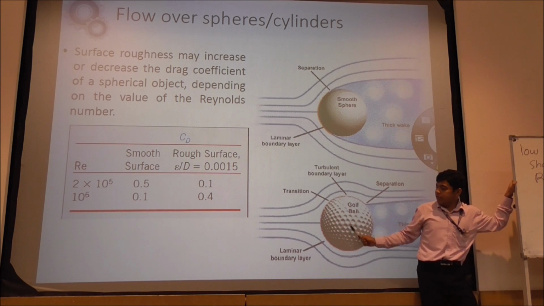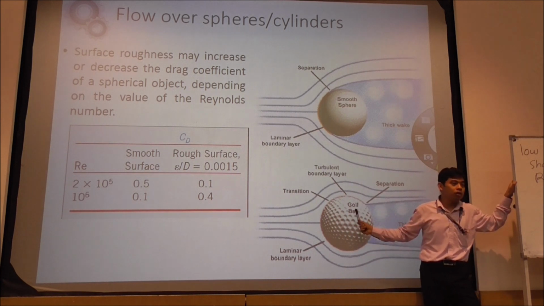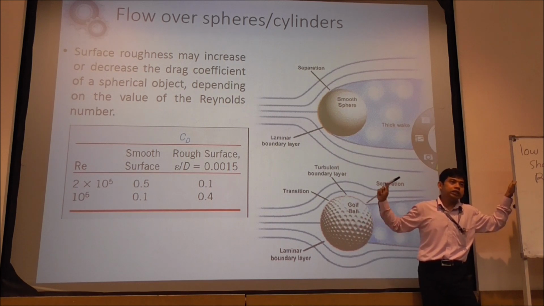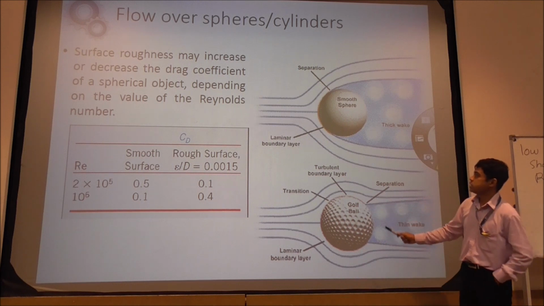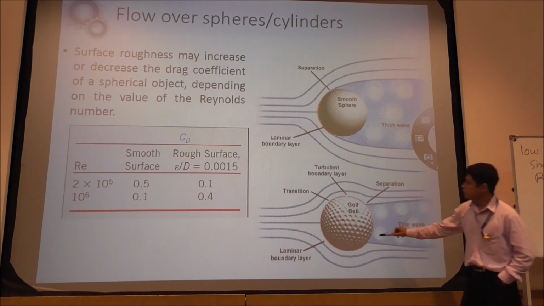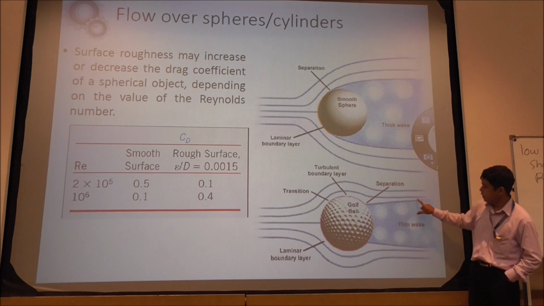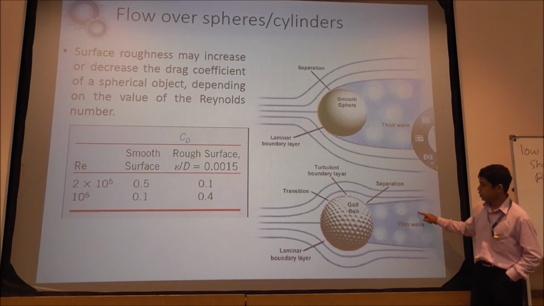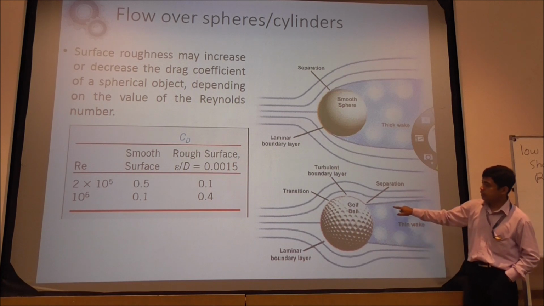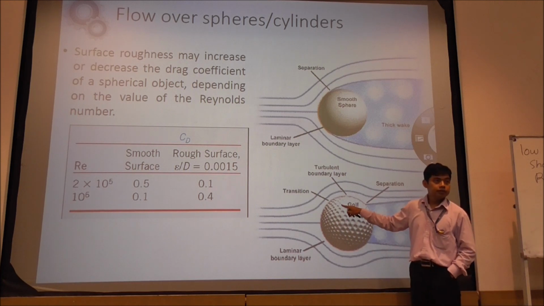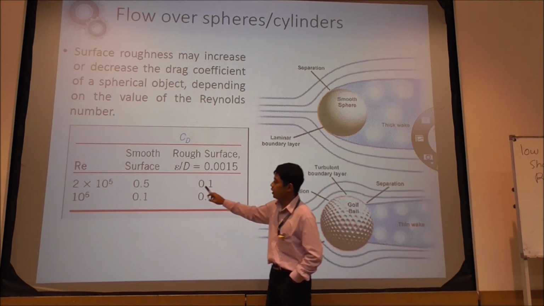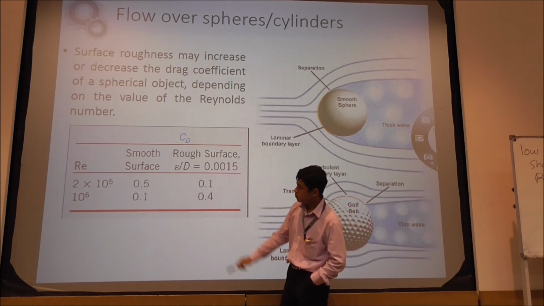Okay, so why do we need to put this dimple on the golf ball is because we want to make it turbulent. Right? We want to make it turbulent. Why? Because when we make it turbulent, you will have a thin wake. Okay? Thin wake region. The thinner the wake, the better. Because then you will have a lower drag.